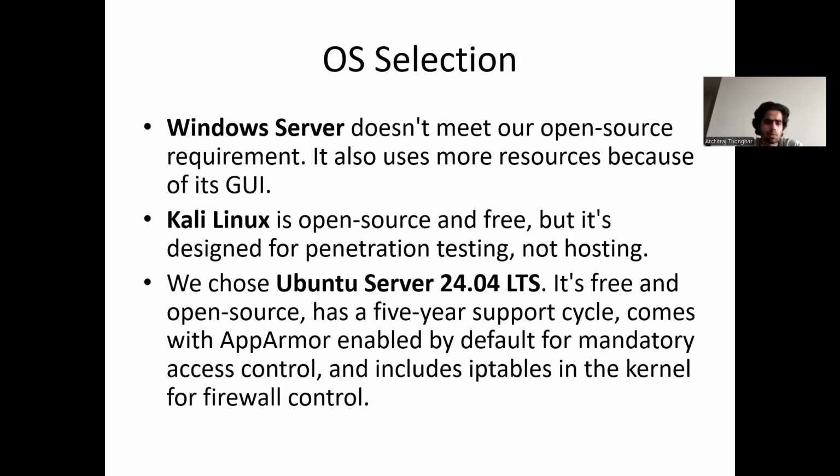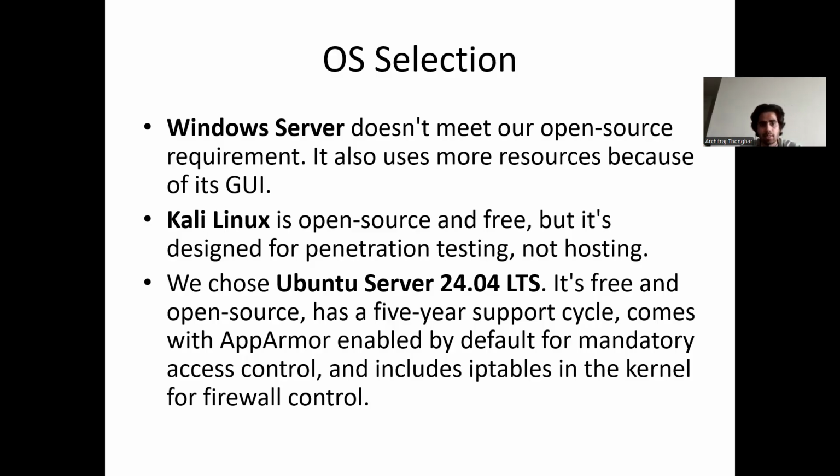Kali Linux is open source and powerful, designed for ethical hacking and penetration testing, which is the most powerful testing part. It includes many tools that increase the attack surface, which is why it's not for hosting a production server.